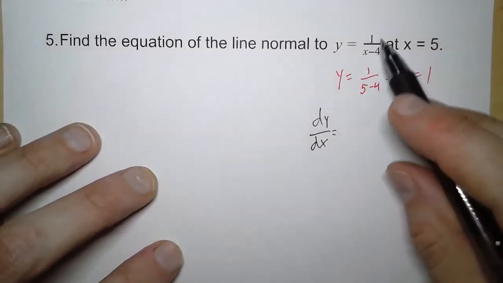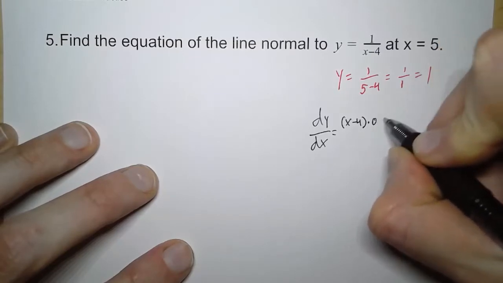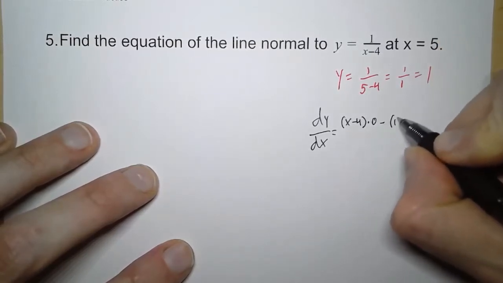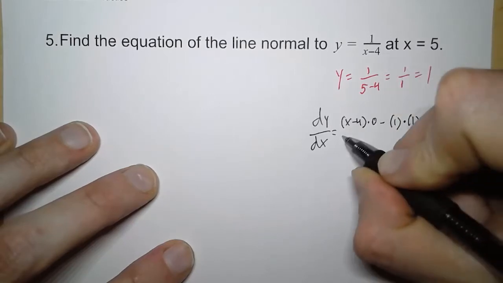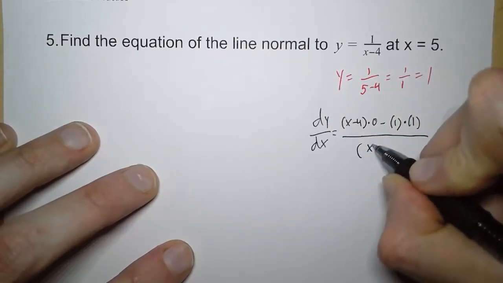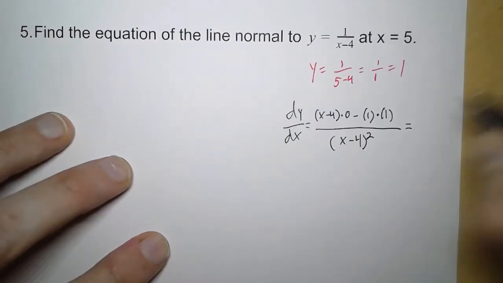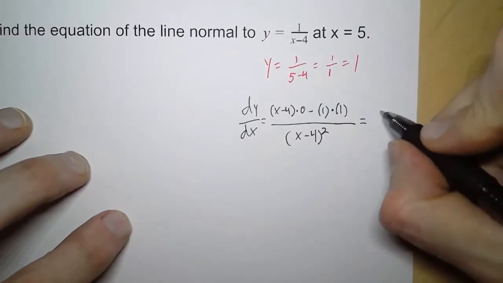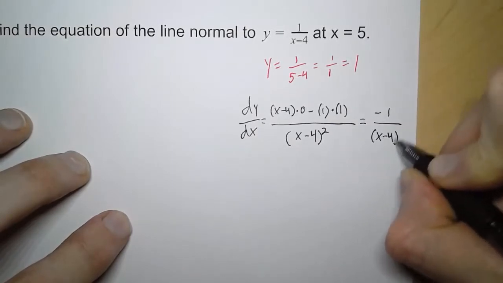So low d high, so x minus 4 d high, which is 0, minus high, that's 1, d low, which is also 1, all over low, low. So that's x minus 4 quantity squared. And when we simplify this, we get negative 1 over quantity x minus 4 squared.